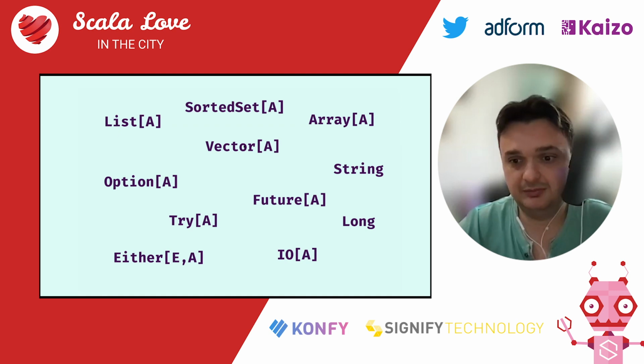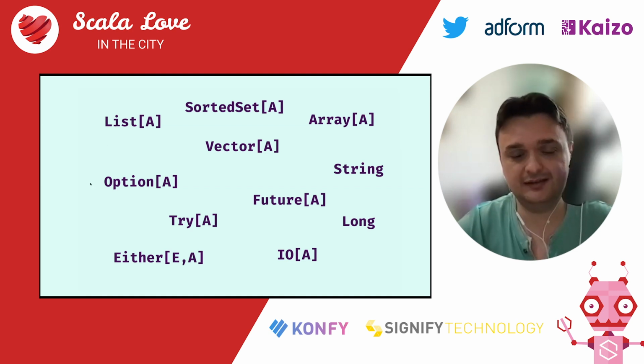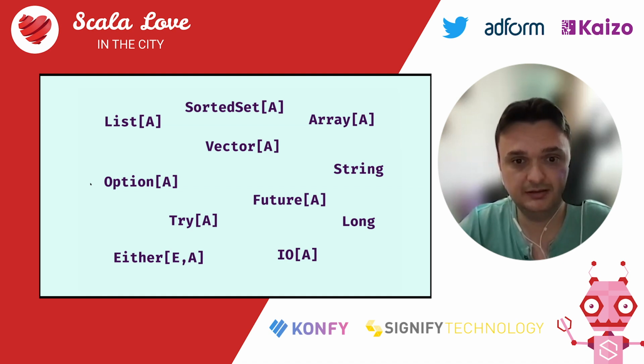Array and vector can be indexed efficiently. Sorted set actually can be indexed fairly efficiently, but list cannot be. So as you can see, we can find common traits and similarities between them. We can group them, and that's the important part. And we can maybe focus just on those attributes that we care about for solving a certain problem.